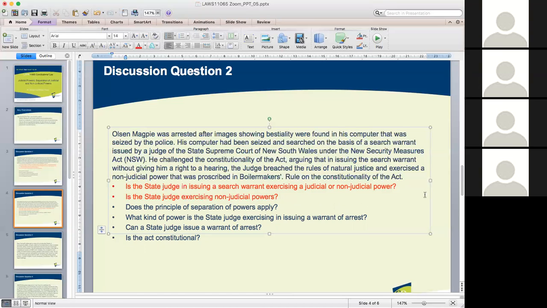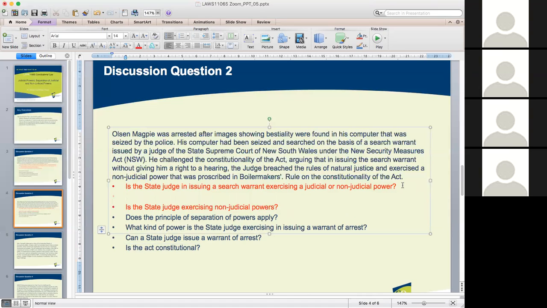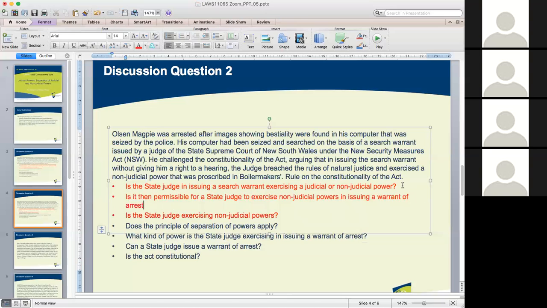Okay. Now, so we will define this. Because we know what the Huddart Parker case says, we know that he is exercising a non-judicial power. So the point, therefore, is: is it then permissible for a state judge to exercise non-judicial powers in issuing a warrant of arrest, or a search warrant rather?